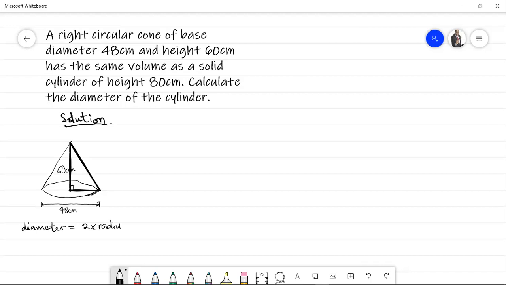So we can calculate the radius by simply dividing the diameter by 2.